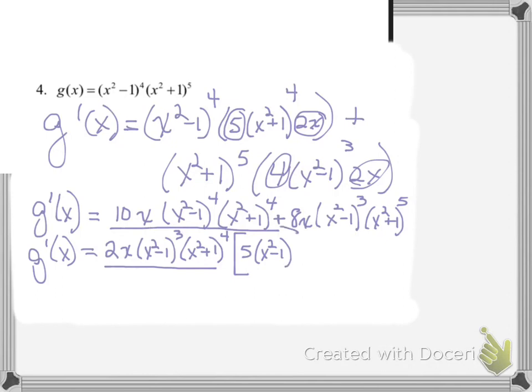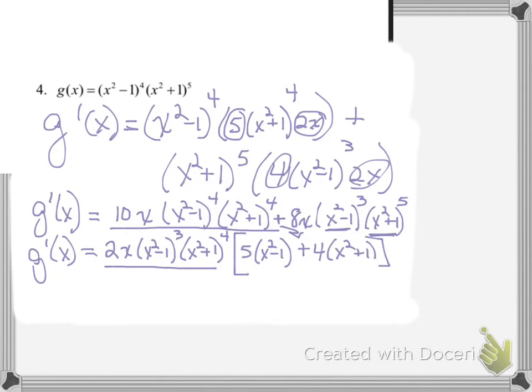Okay, bring down your operation. Now look and see what we have. I need an 8x, I have a 2x, so I need a 4. Okay, I already have x squared minus 1 to the third, that's taken care of. Okay, I need one more of these. X squared plus 1. Okay, so now we need to clean up this last term.